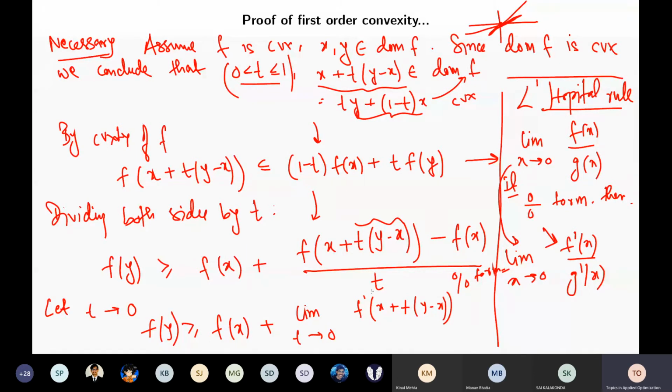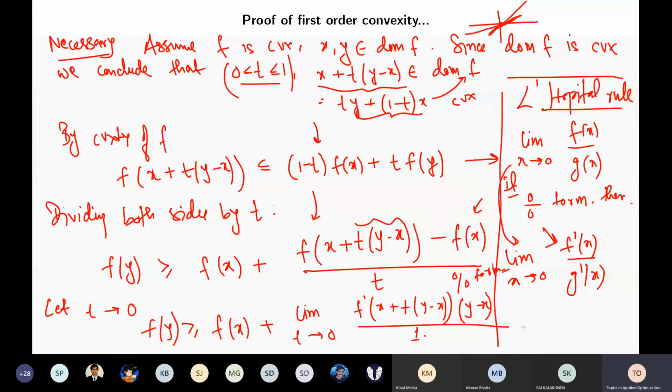So I did f prime of u, and then I have to do u prime with respect to t. So I am left with y minus x, and the f(x) term will go to 0 after taking the derivative because there is no dependence on t. In the denominator, the derivative with respect to t will give me 1.